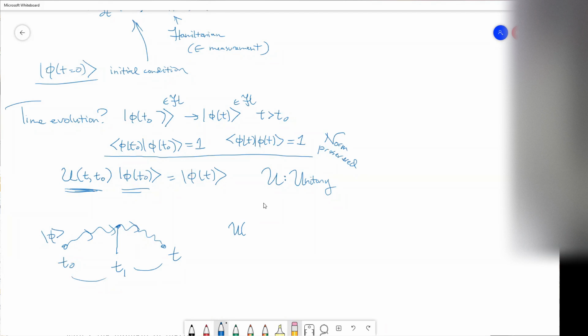It shouldn't matter that we start with t naught and then go to some intermediate time t1. This is our initial state. And then you could evolve it starting now with time t1 and evolving it to time t.